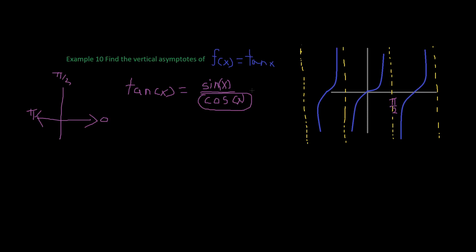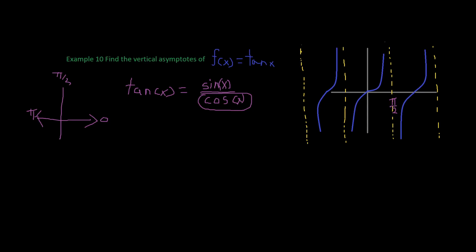And so that means that when this is 0, tangent is undefined. But what's happening is when cosine is 0, our curve, the tangent line, is going infinitely up.